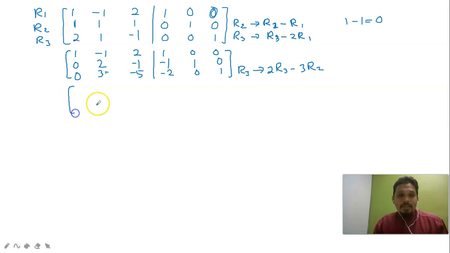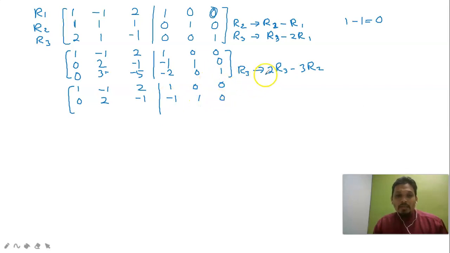Okay, so the operation changes row number 3, so nothing changed in rows number 1 and 2. Row 1: 1, negative 1, 2, 1, 0, 0. Row 2: 0, 2, negative 1, negative 1, 1, 0.